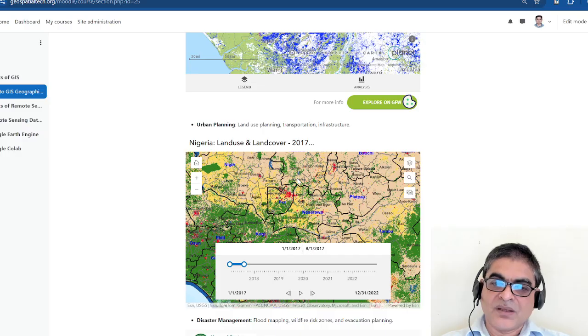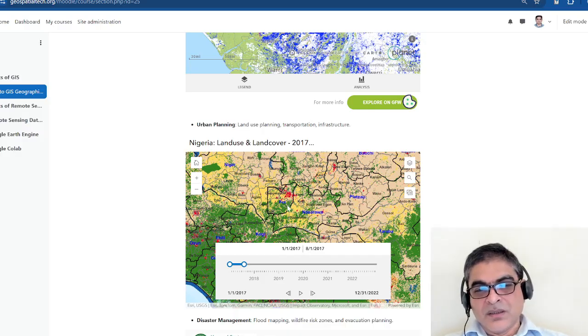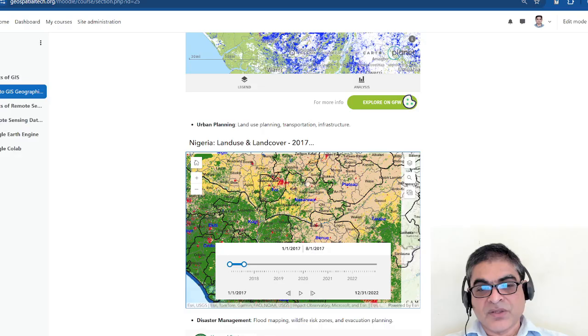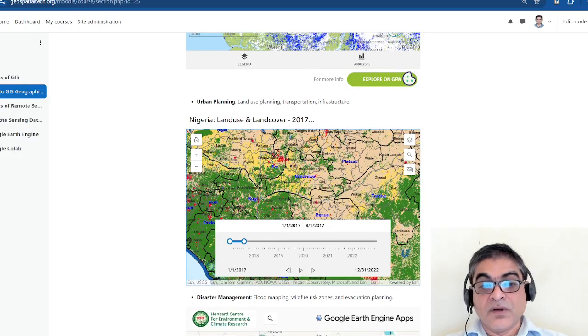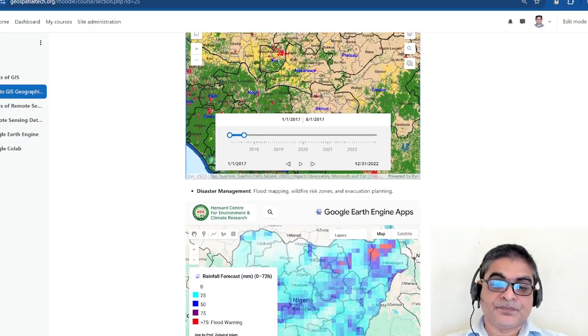We can make the classes of different types of land use, land cover, using maximum likelihood classification, based on machine learning. So this work is based on GIS and remote sensing in the field of land use and land cover.